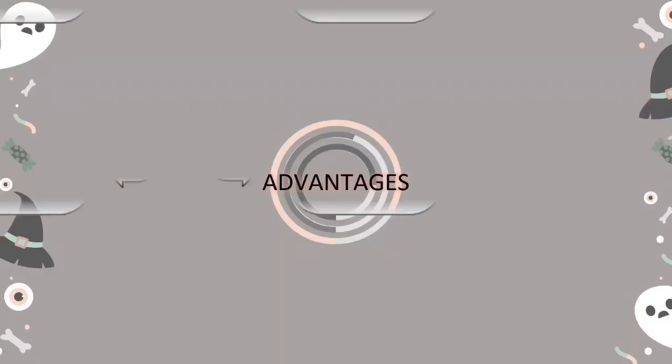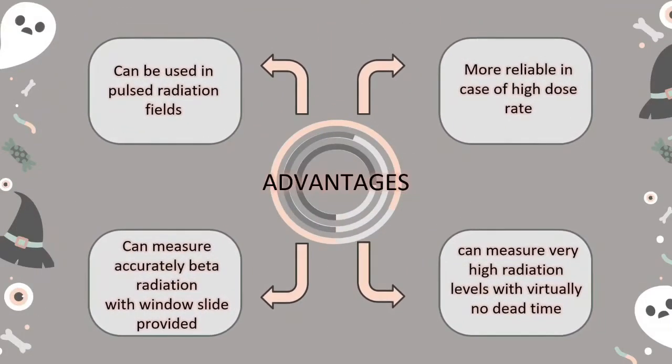There are advantages to the ionization chamber: it can be used in a pulse radiation field, can measure beta radiation accurately with the window slide provided, can measure very high radiation levels with virtually no dead time, and is more reliable in case of high dose rate.